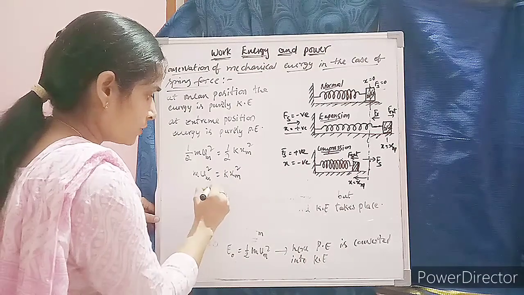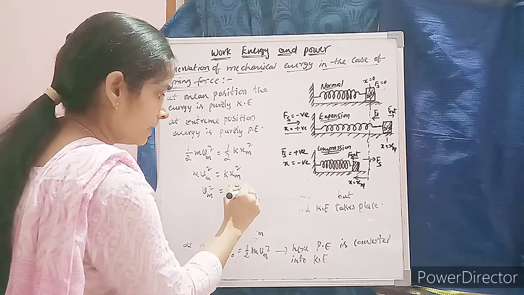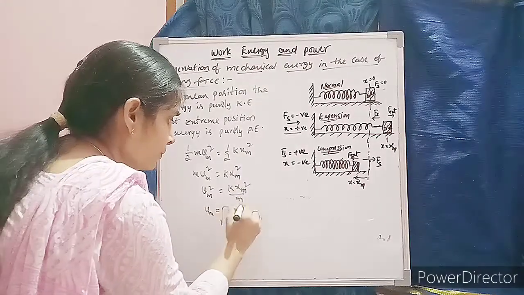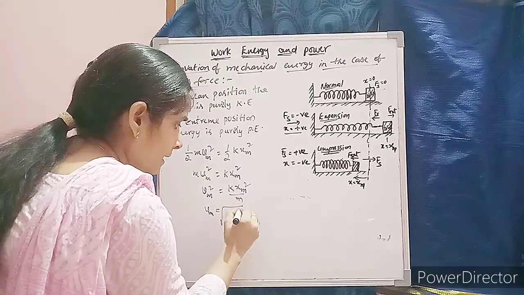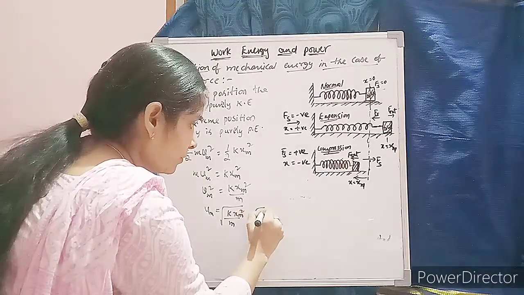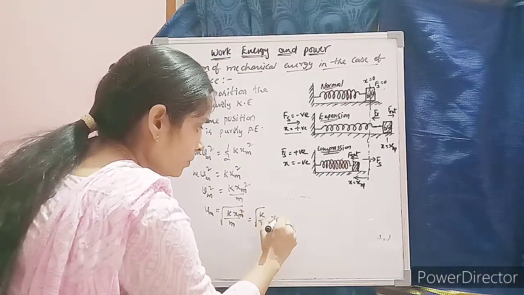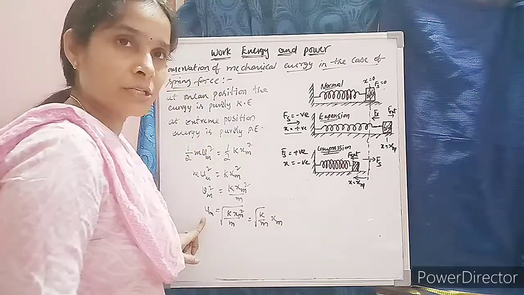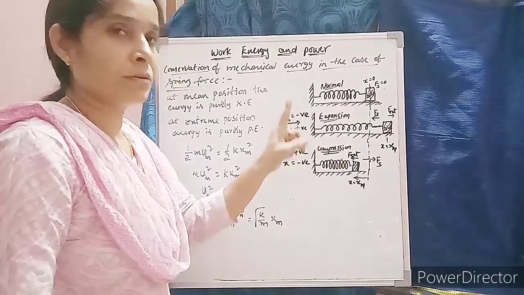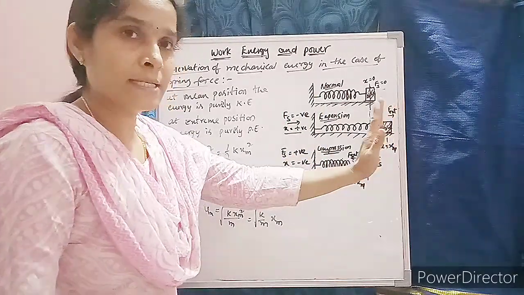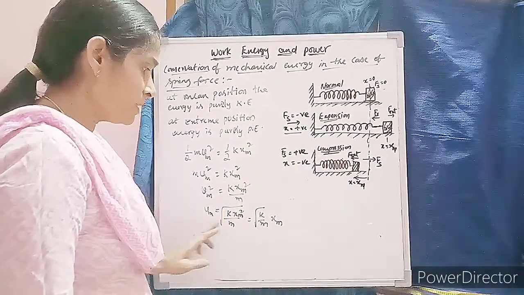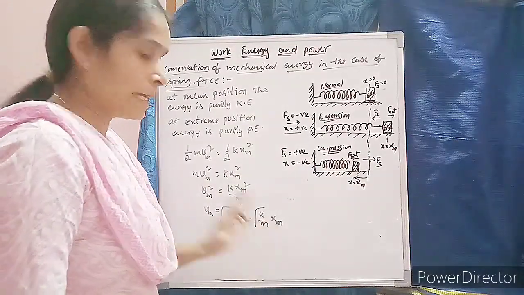Now Vm square is equal to k xm square by m. Vm is equal to square root of k xm square by m, which is equal to square root of k by m into xm. Maximum velocity with which the body oscillates in the positive x-axis or in the negative x-axis is Vm is equal to square root of k by m xm.